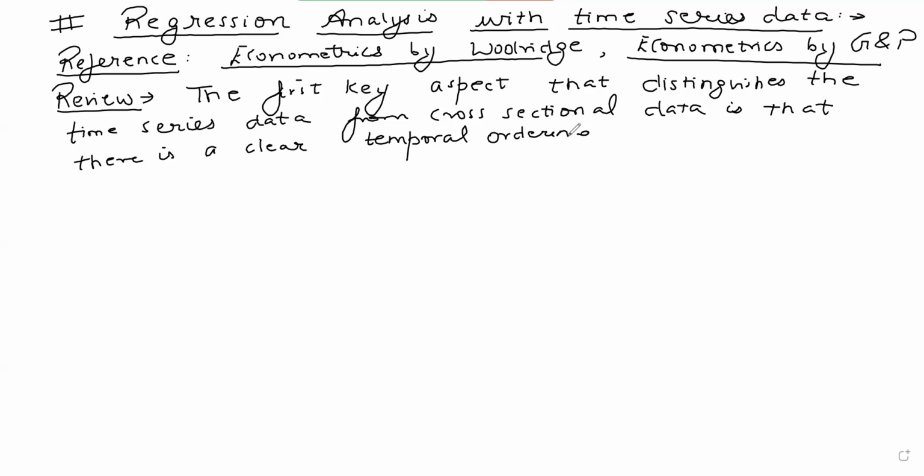All the observations in the time series data are ordered with respect to time. Unlike the cross-sectional data which we have covered so far, where the data was listed at a particular point of time, in time series data, the data is listed over a period of time.